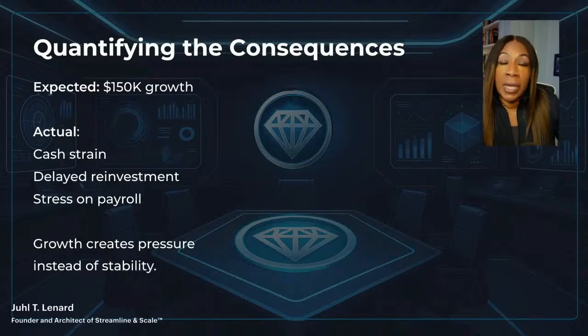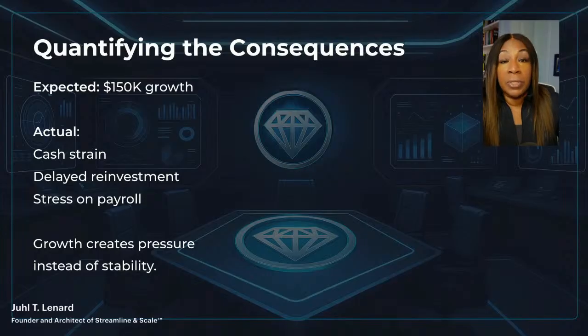So what are the consequences of this misdiagnosis? Our founder made a diagnosis: we need more activity. And so with the activity, we expected 150,000 in growth. What we actually received was cash strain, delayed reinvestment, and stress on payroll, because growth creates pressure instead of stability.